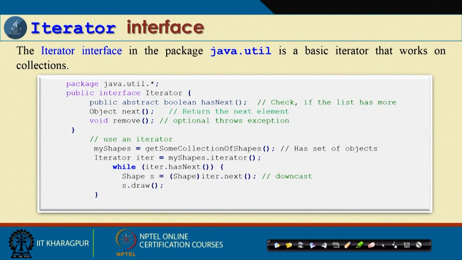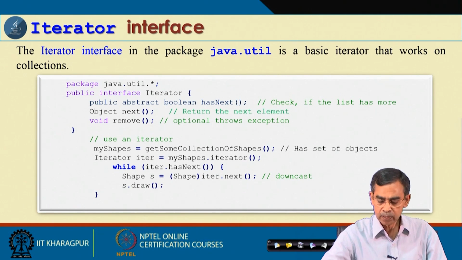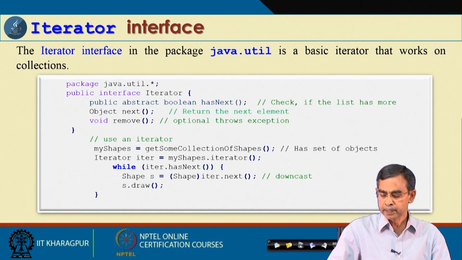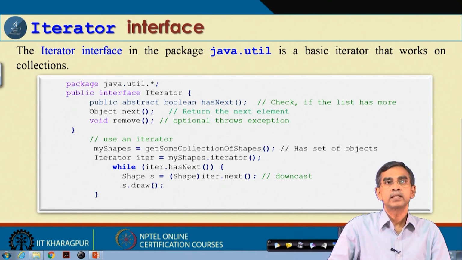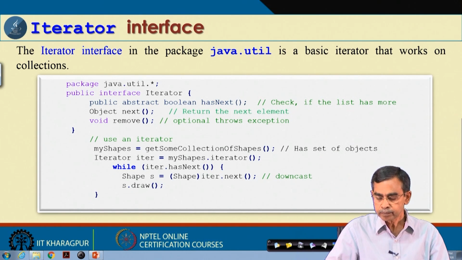The Iterator interface is basically for when there is a collection of objects, and we want to know how this collection of objects can be processed. The Iterator interface is defined in the java.util package. In the java.util package, this interface basically helps us to manage a set of objects, we can say a collection of objects.